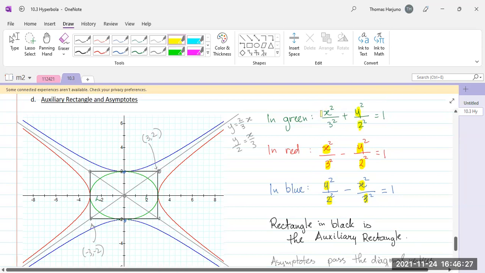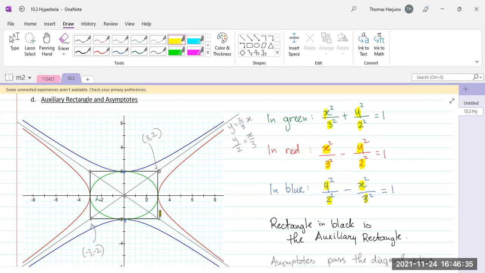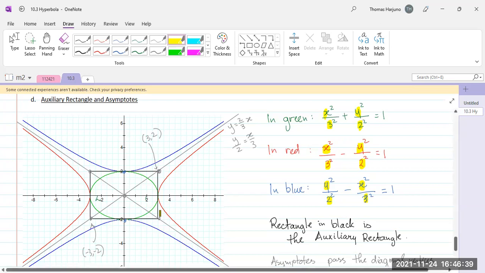Y over 2, x over 3. Okay, so you see that the asymptotes have something to do with the rectangle, and the rectangle has something to do with the ellipse and two hyperbolas, right?